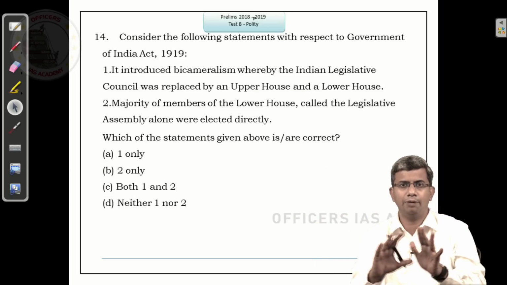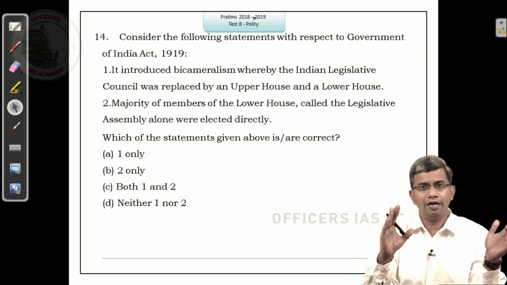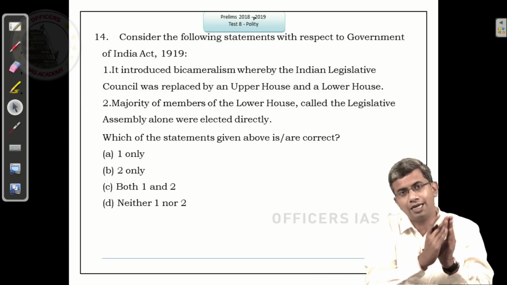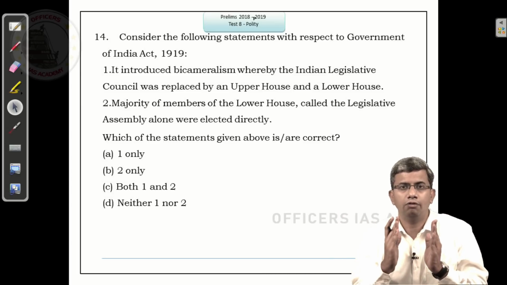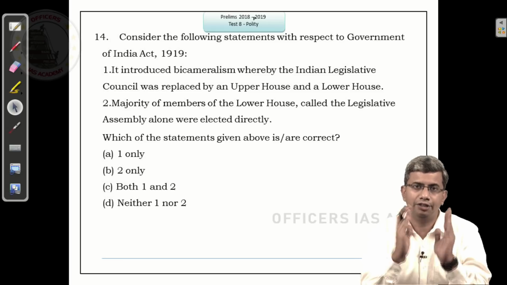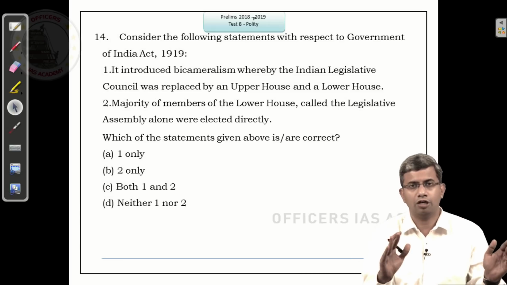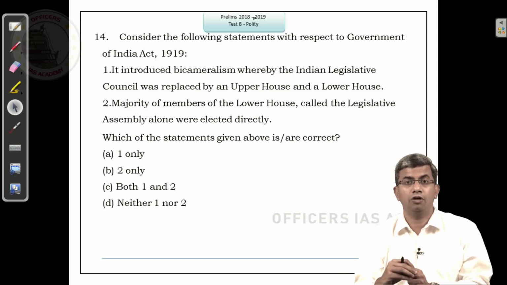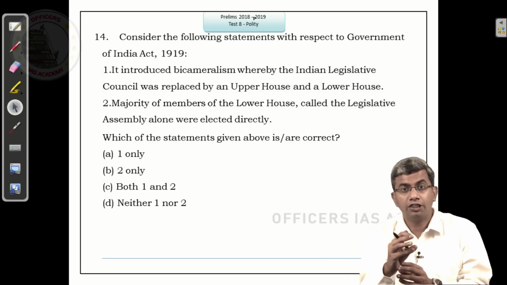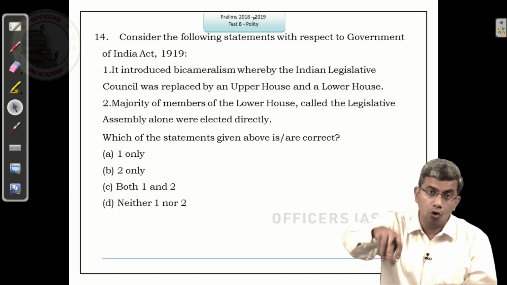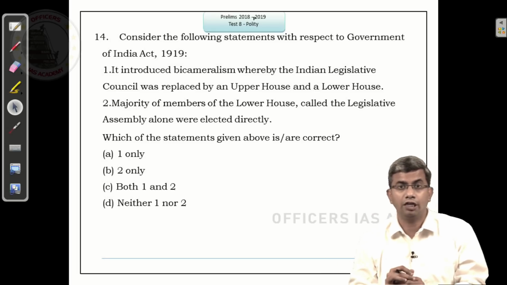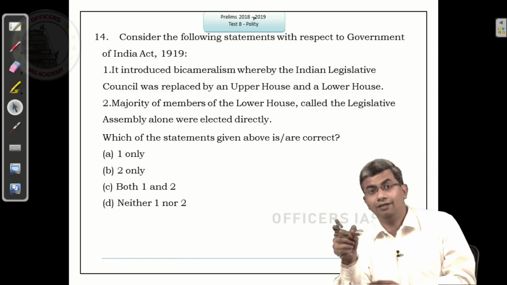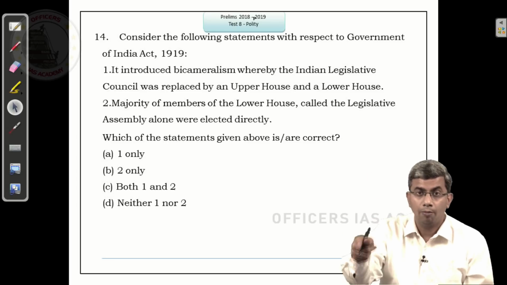So, if you prepare this table, then you will not forget it. 1858 to 1909, it was primarily the incremental participation of non-official members and Indians in the governance. 1858, complete British control. 1861, non-official Indian members but to be nominated by the Governor General only. 1892, non-official members were to be nominated by the local bodies at the center and at the provinces level. 1909, non-official members were to be elected and it became a majority in the provinces.